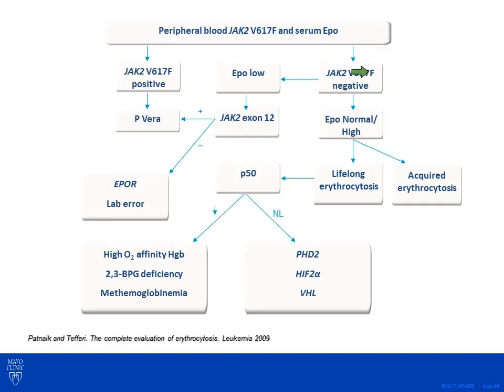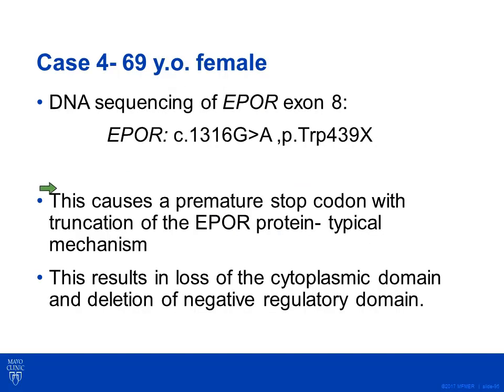So interestingly, we are over here. We know she's exon 12 negative. So far, the flow chart would suggest that she might have an erythropoietin receptor mutation. And in fact, she does. When we sequenced the EPO-R gene in exon 8, she has this 316G-A change, which creates a premature stop codon, where you get truncation of the EPO receptor protein in the typical mechanism that we usually see.